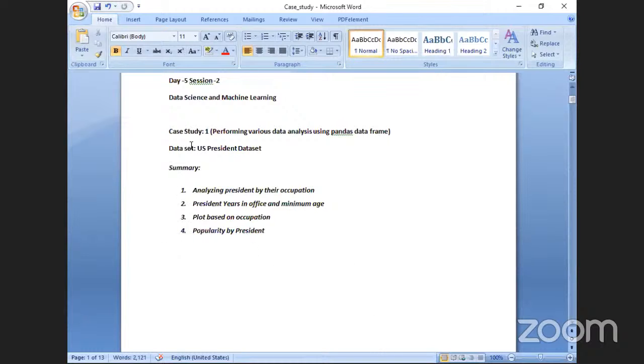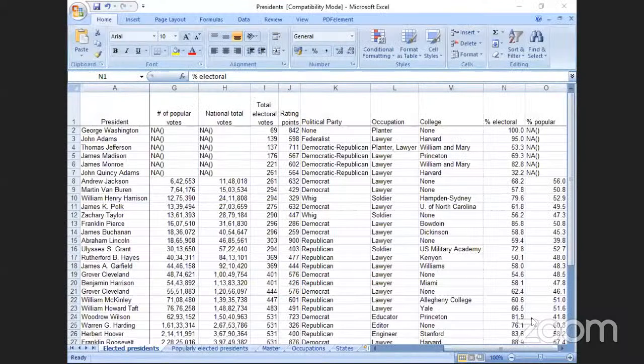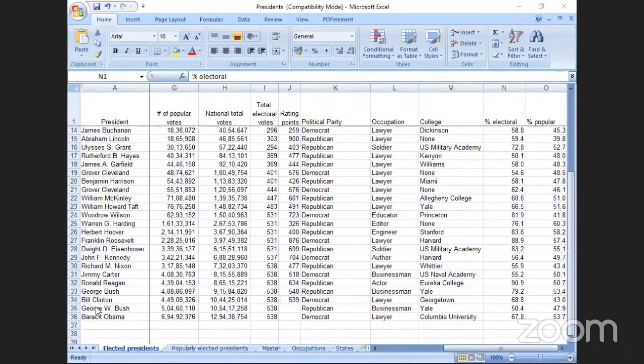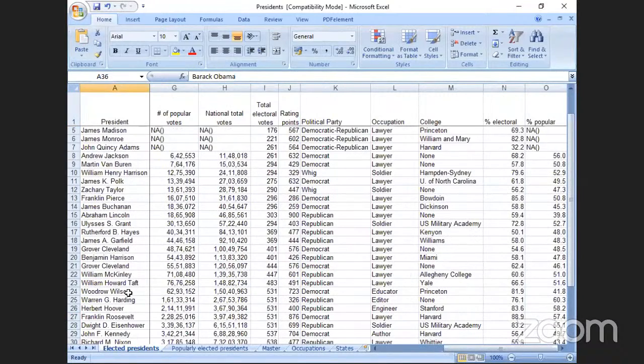So for that, let me take this data set, which is the US President data set. I have opened it here in my system. I'll open and show you. This is that data set. You can see the list of presidents right from George Washington to Barack Obama, the former president of the USA.